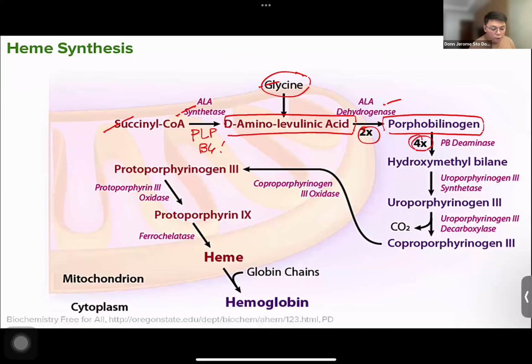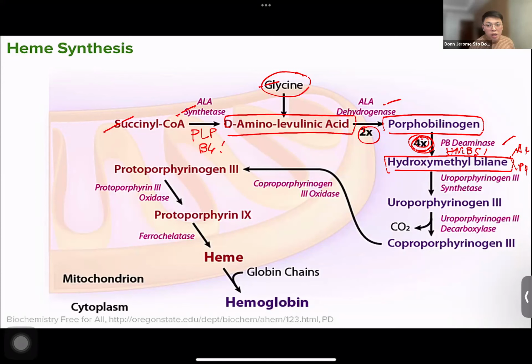Four molecules of porphobilinogen would condense to form your hydroxymethylbilane or your linear tetrapyrrole with the help of the enzyme PBG deaminase, otherwise known as your hydroxymethylbilane synthase, with the side chains acetate, propionate. For acetate, for propionate side chain.